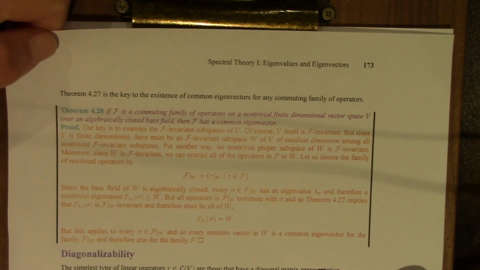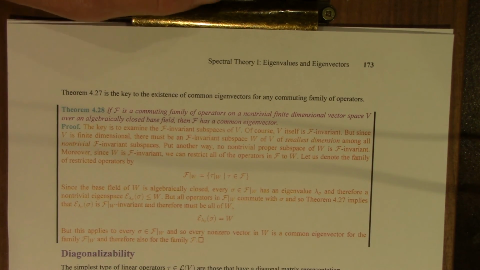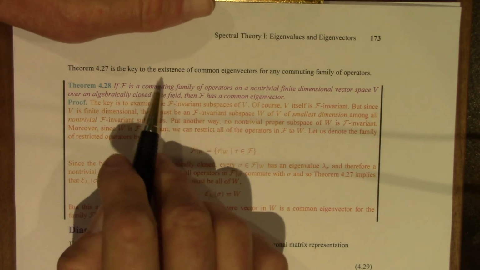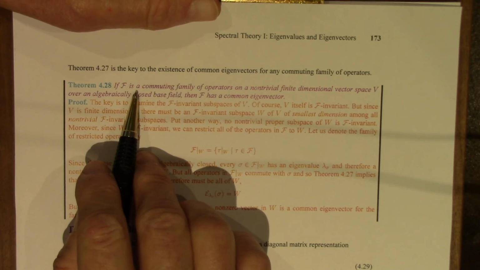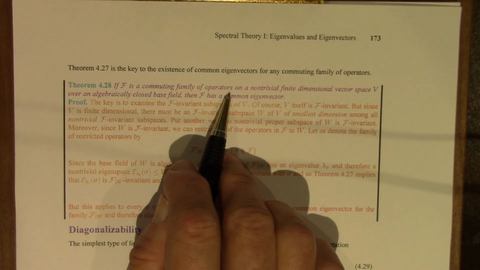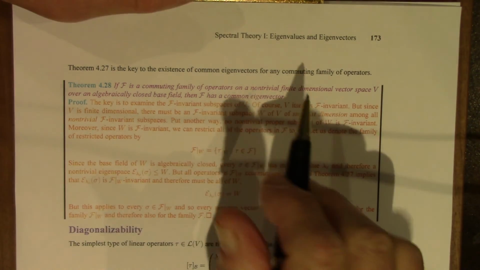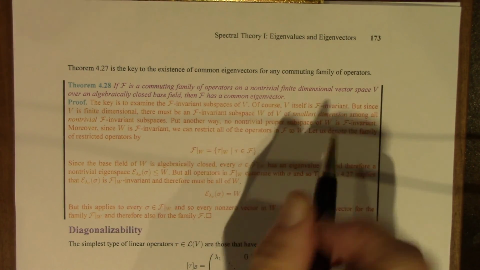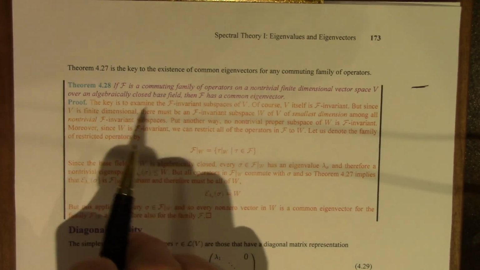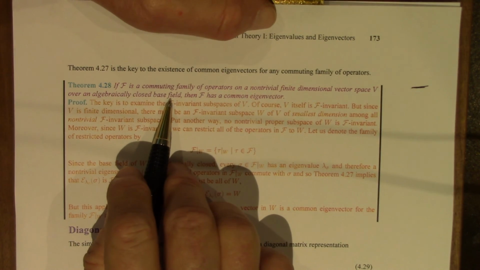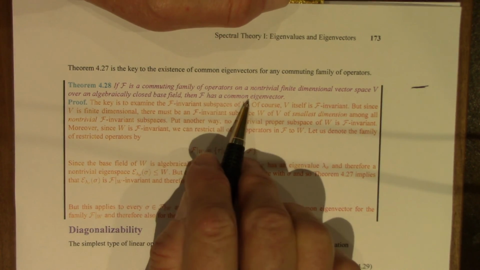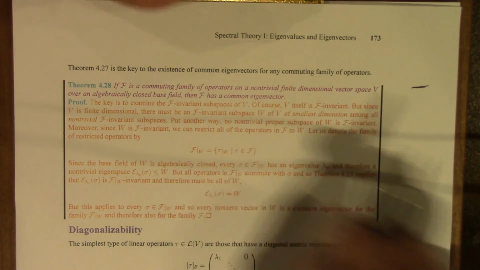Nevertheless, that result is the key to the issue of common eigenvectors for a family of operators. If F is a commuting family of operators on a non-trivial finite-dimensional vector space, and if the base field is algebraically closed, then the family will have a common eigenvector.